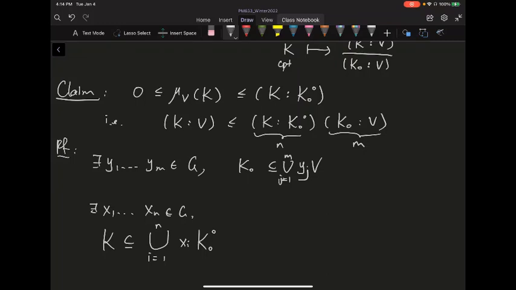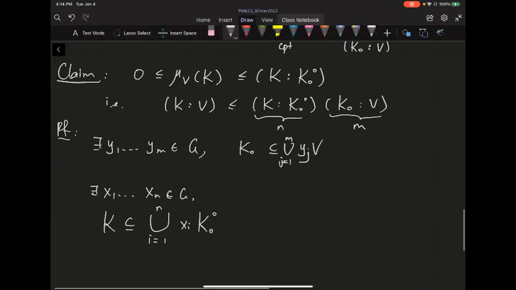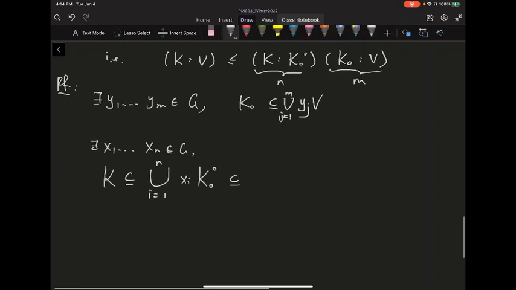But you can cover it further by k0, you don't need the interior, so that's covered by the union, i from 1 to n, of xi k0. And k0, you can replace by the cover using v, so this is contained in the union over i from 1 to n, and you multiply everything inside, so it becomes the union over j from 1 to m of xi yj v.